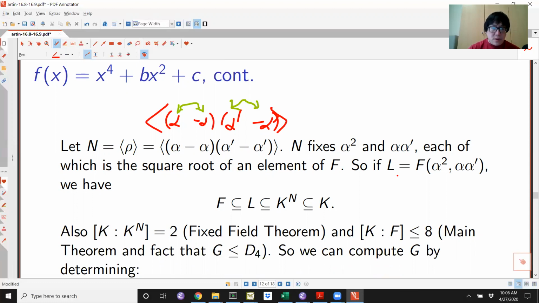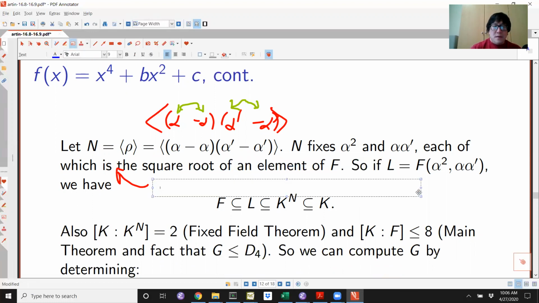Oops. Each of which is not the square root of an element of F. Actually, let me put it this way. Each of which is contained in a field.